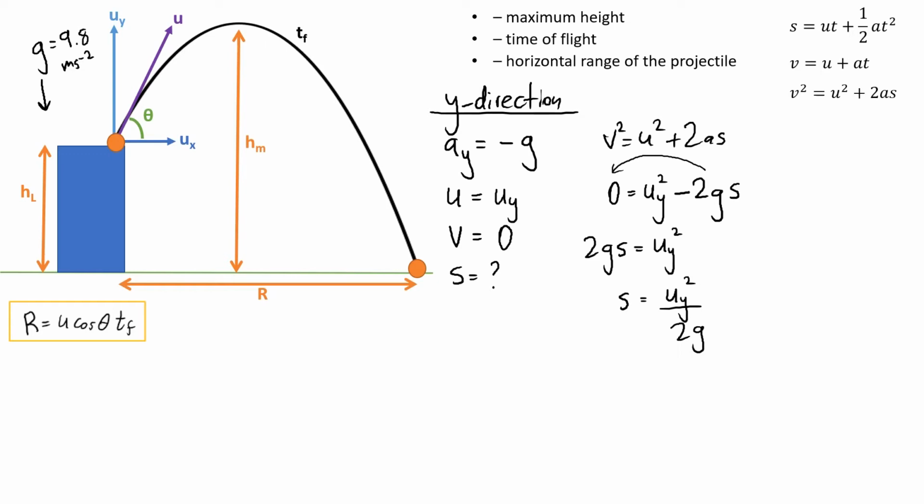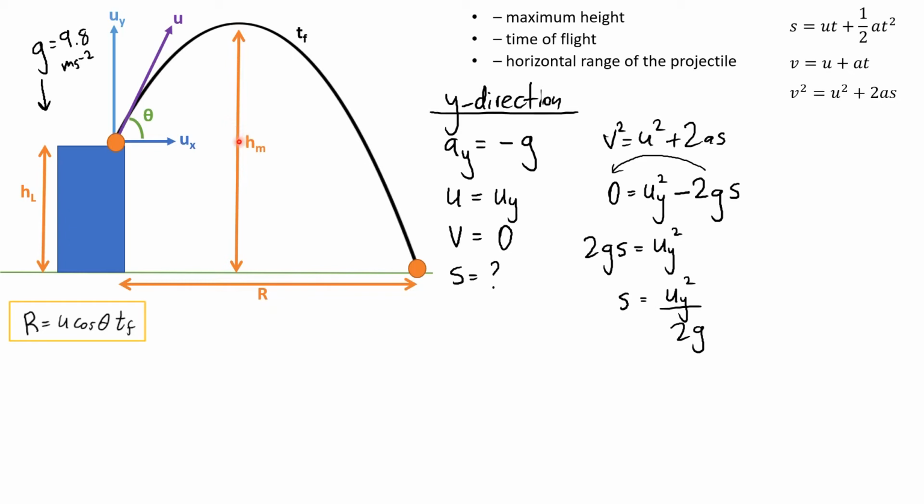Okay, now, even though we may think this is just the maximum height, and it would be if it wasn't for this right here, the launch height does add to the maximum height, right? Basically what we've found is the distance from this point up to this point.